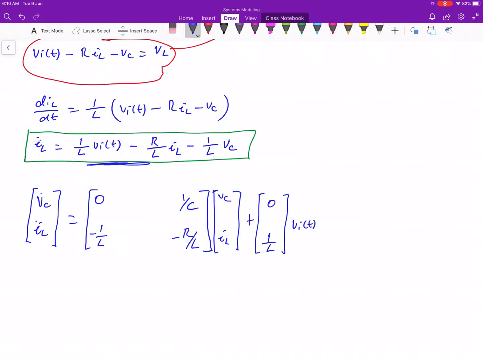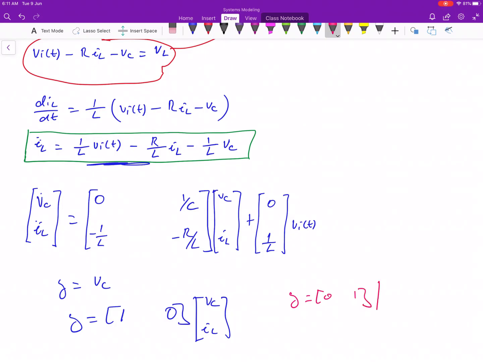Since we want the output, Y is equal to Vc, we write Y is equal to something times Vc and IL. So we want the output to be Vc, we just put the 1 there and 0. If you wanted the output to be the inductor current, we could have written this as 0 and 1, but that's not what we want.